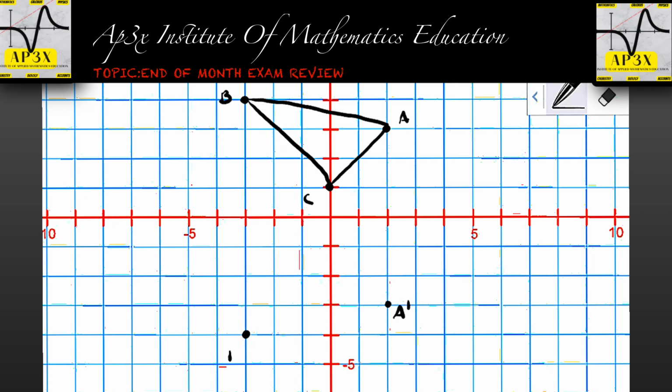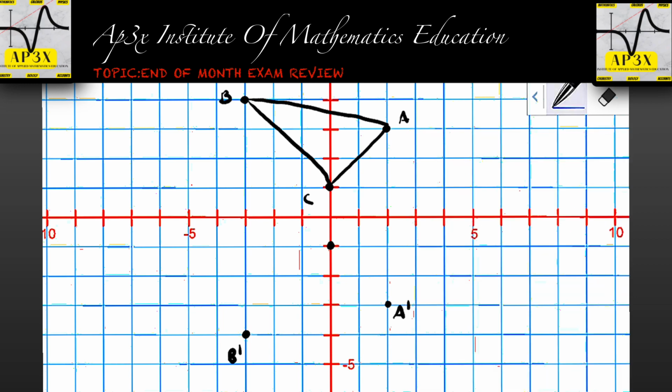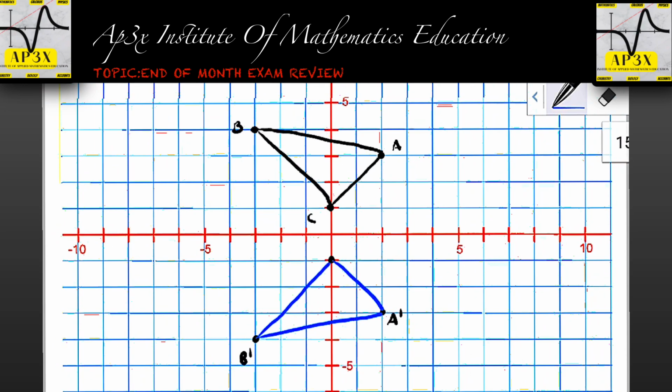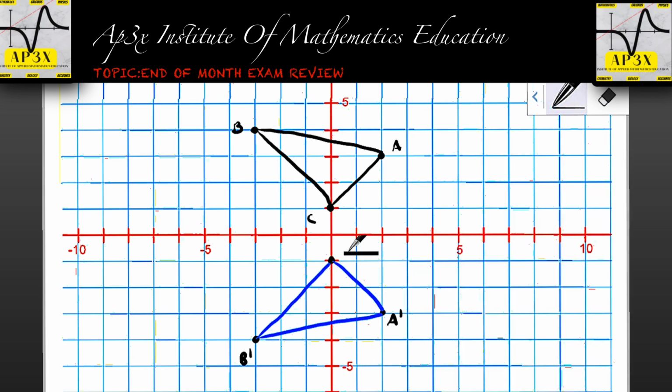And that's going to be my B prime. And then C prime is going to be (0, -1). So once again, 0 is in the center here, which means I should not go left or right, but I'm going to go down here. I'm going to use a different color to represent this. So this is going to be here, here, and here. That is the image after the object has been reflected in the x-axis.